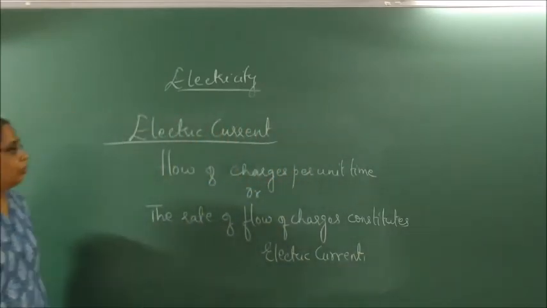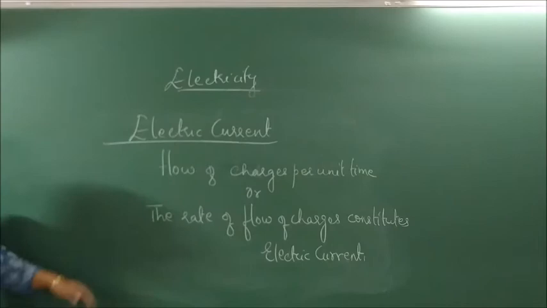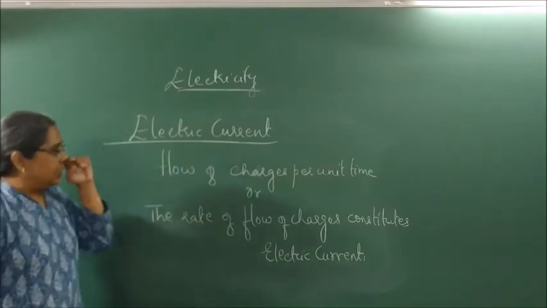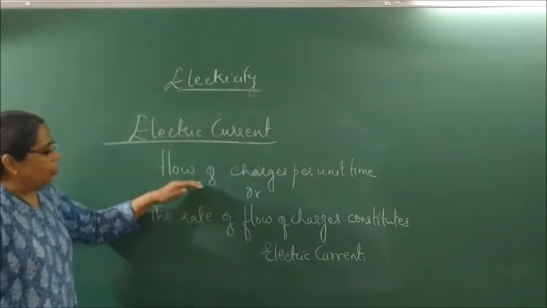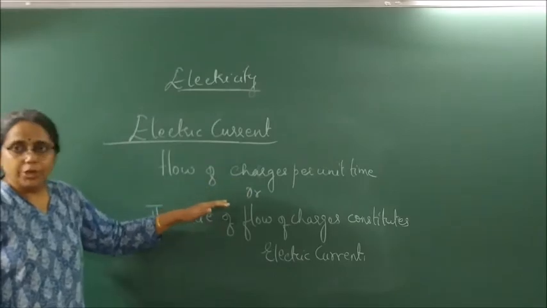Okay, so what is electric current? Electric current is basically flow of charges per unit time.